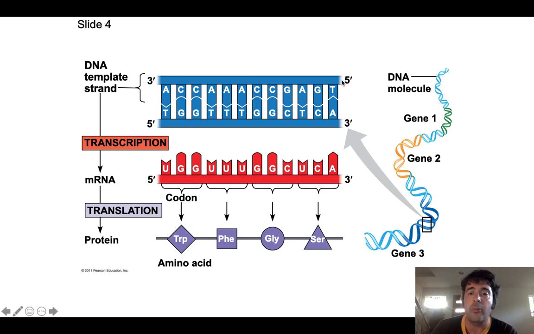Now, if I give you a problem like this, I'm going to refer to the template strand and the complementary strand. So you have your template, aka coding strand, and your complementary strand. Your template strand is what you should be carrying out transcription and translation from.